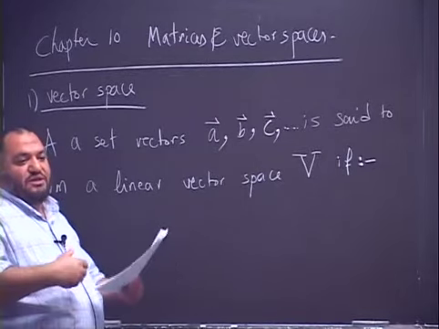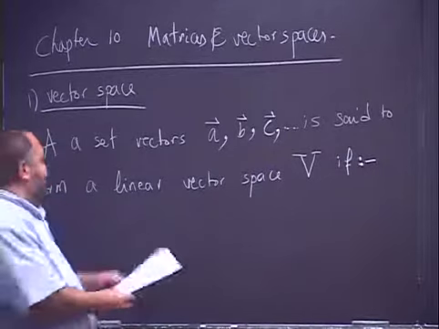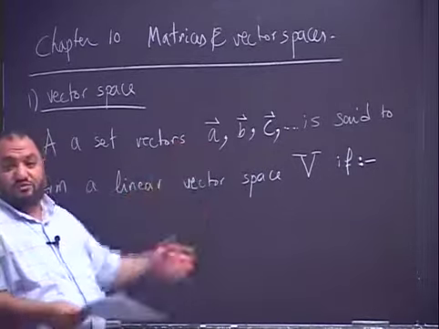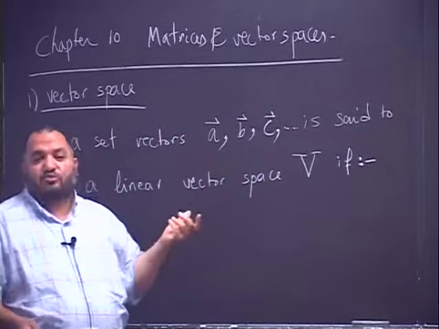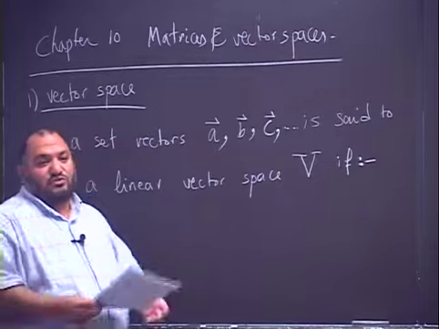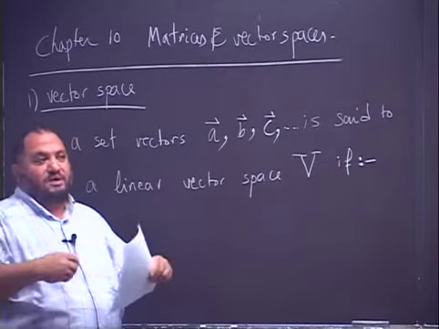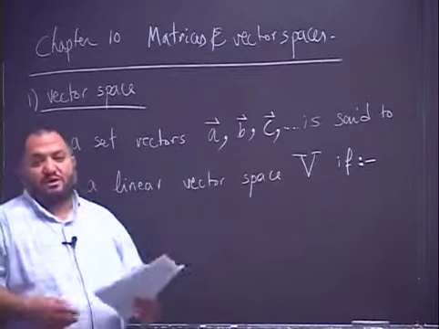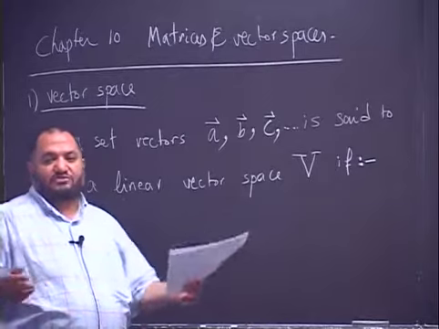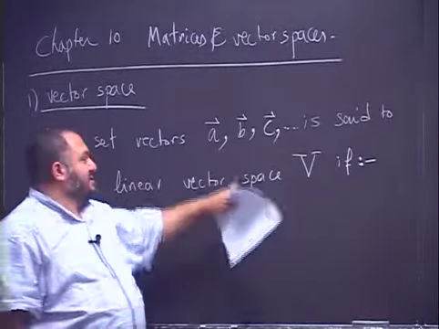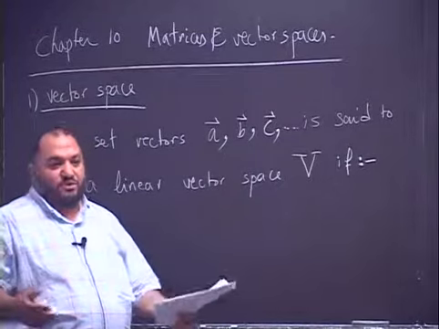As I just stated, the set will be objects. In this case, we are talking about a set of vectors. Maybe each one of those, instead of a vector, will be a 2 by 2 matrix. So it will be a vector space of 2 by 2 matrices. Or maybe instead of a vector, it will be a polynomial. So we will have an n-dimensional vector space of polynomials. In this case, the components of the set will not be vectors, but polynomials, and so on.